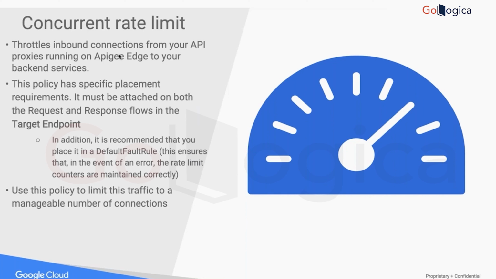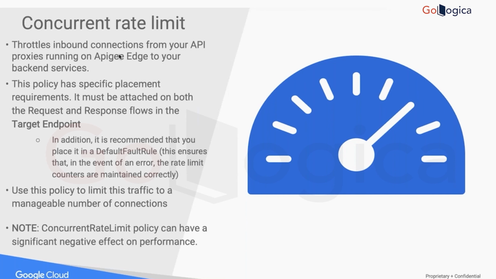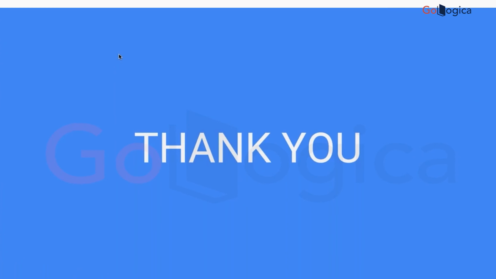So in the real scenario, this policy is never used at all. But Apigee has it just in case someone asks you to use it. In Apigee itself, it is never recommended, and it comes with a warning that it has a negative impact on performance.